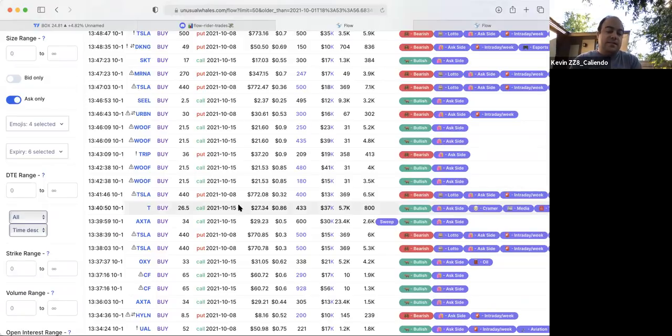This was a stock that I listed for my watch list, Woof, which is Petco. And during the last hour and a half, it started to get a lot of attention, and again, size greater than open interest, so that is interesting.